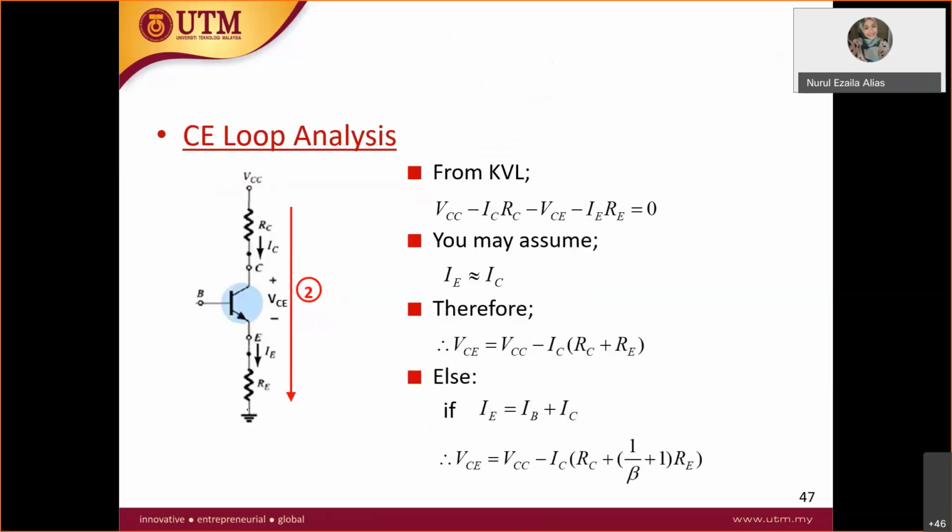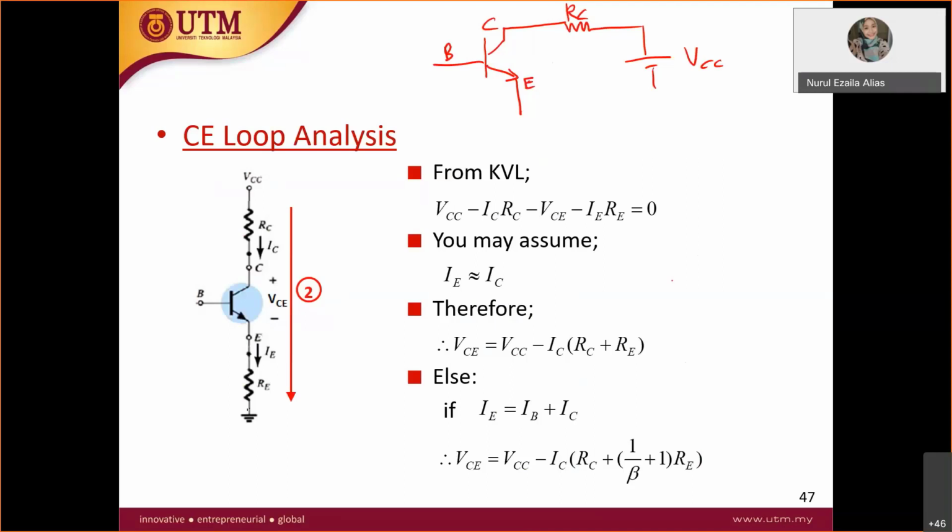For the output loop, if I draw again here, this is your output loop. You have base, collector, and emitter. At collector, you have RC, and at RC you have VCC, not V Thevenin anymore, because the output loop has nothing to do with the Thevenin.